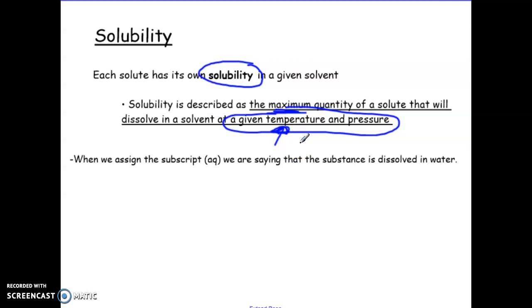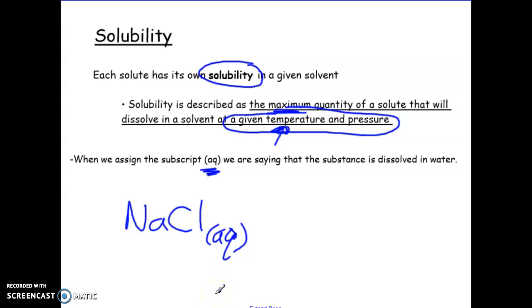When we say something has high solubility at room temperature, we're going to use the subscript aq, meaning that substance dissolves in water. If I have salt dissolved in water, I can use the little aq to indicate that we have a solution.